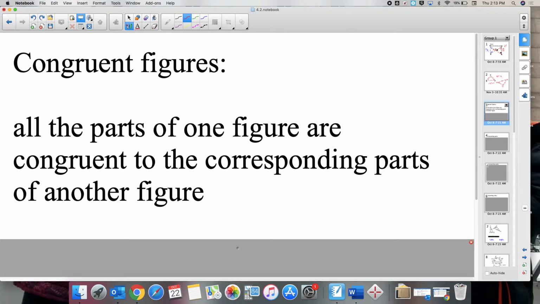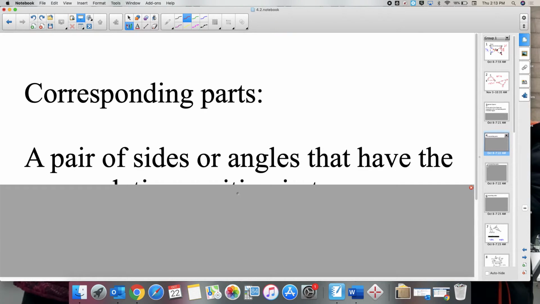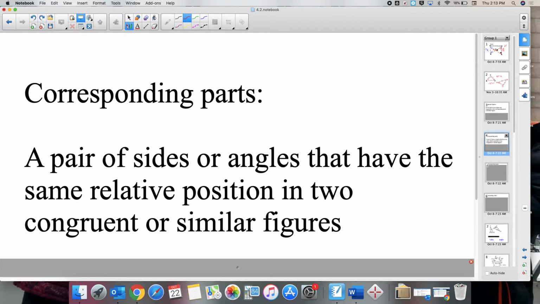When they talk about those corresponding parts, what we're actually talking about are their sides and their angles. Corresponding parts are a pair of sides or angles that have the same relative position. What they mean by that is they're going to rotate these figures around.